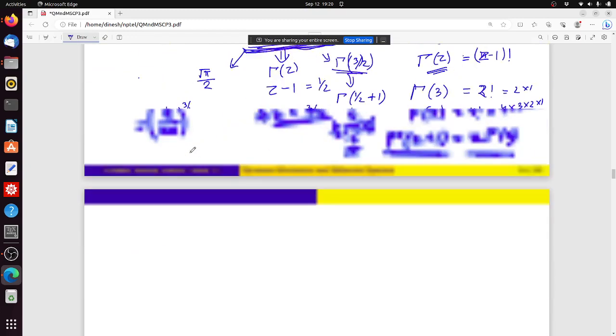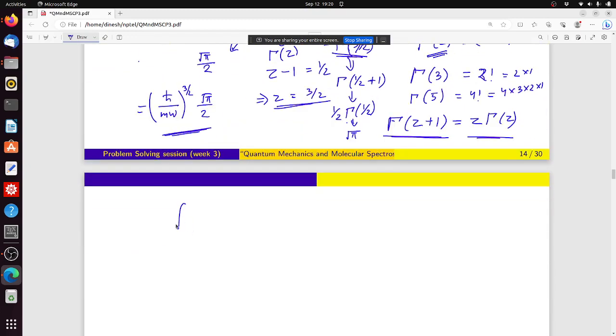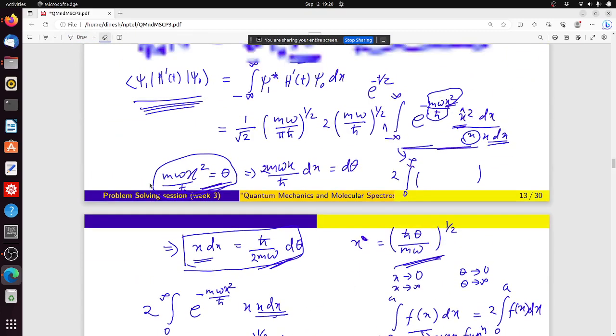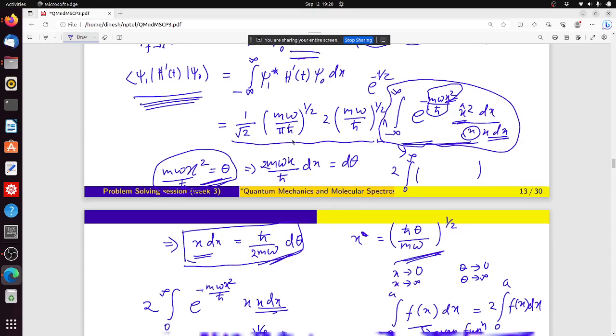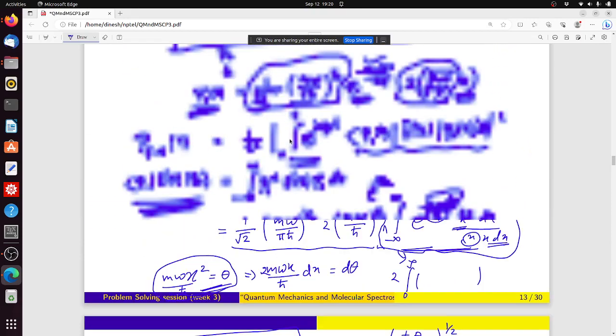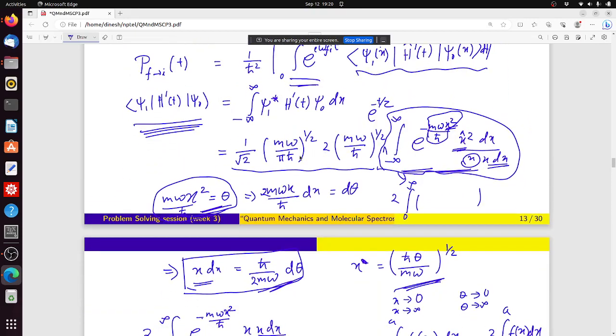We have evaluated this part only, right? Now we have to multiply all these parts.